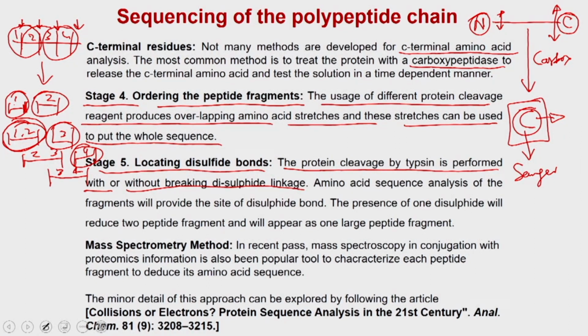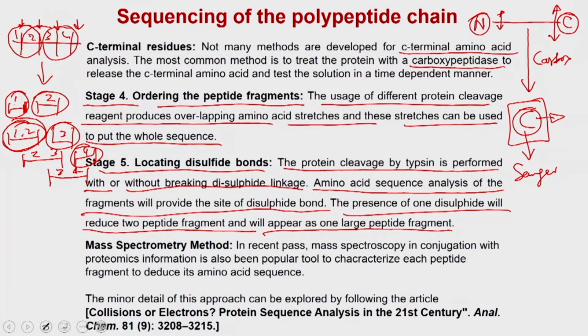So, to locate the disulfide bonds, you cleave the protein with trypsin both without and with breaking the disulfide linkages. Now, when you do the protein sequencing analysis, the fragments will provide the sizes of the fragments. The presence of one disulfide link will join 2 peptide fragments and will appear as one large fragment.